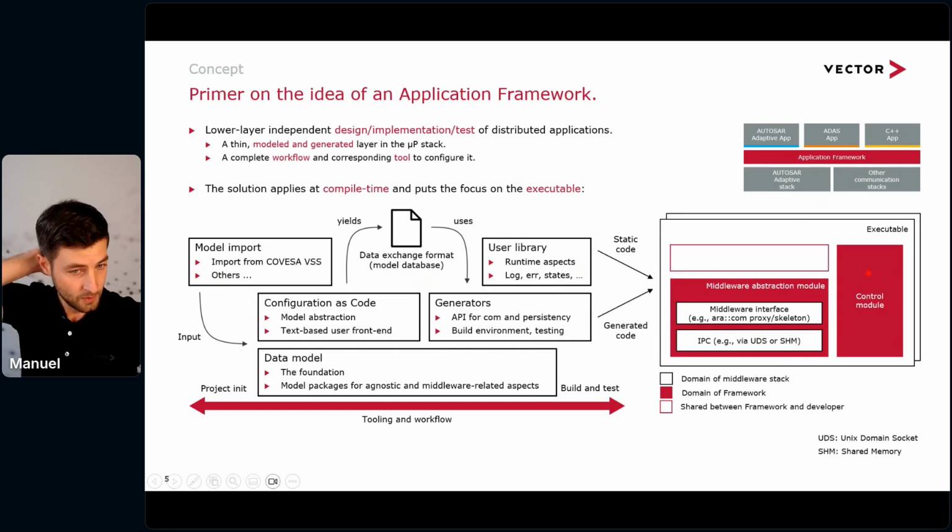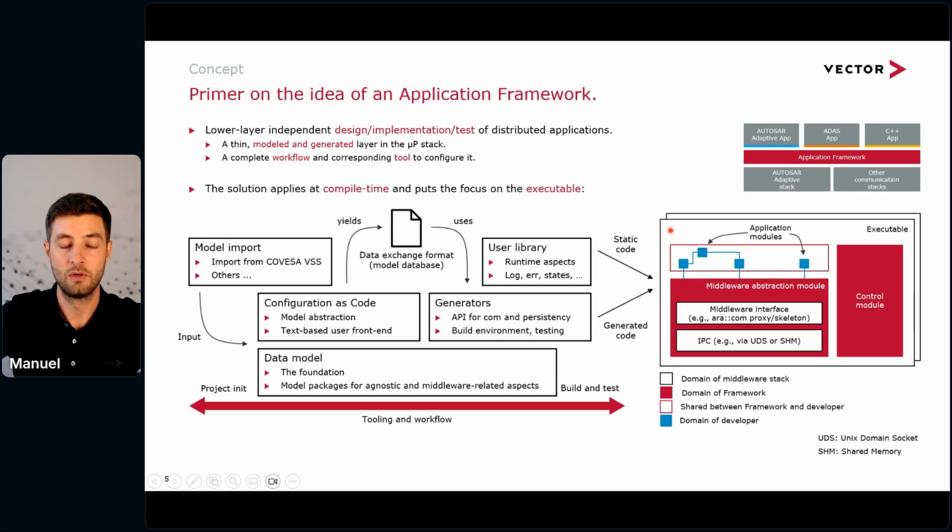And on top, we have a shared domain between the framework and the developer. This is where the application framework generates implementation and test stubs and provides means to modularize the application. So the term we use here is application modules. This is standalone application logic that can stand for itself and be developed in a separate unit.